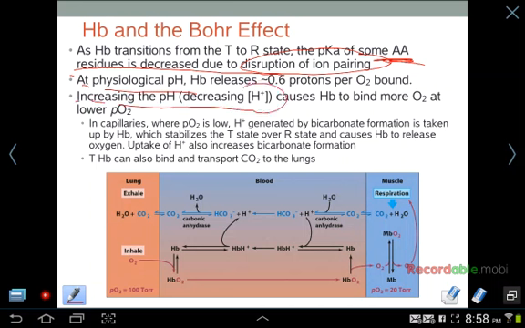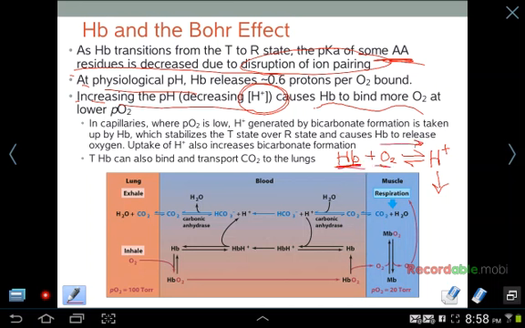Increasing the pH or decreasing the proton concentration will then drive hemoglobin to bind more oxygen. Because if you look at our equation, hemoglobin plus oxygen yields hydrogen, if we increase the pH by decreasing the proton concentration, we will drive the equilibrium further for hemoglobin to bind more oxygen.